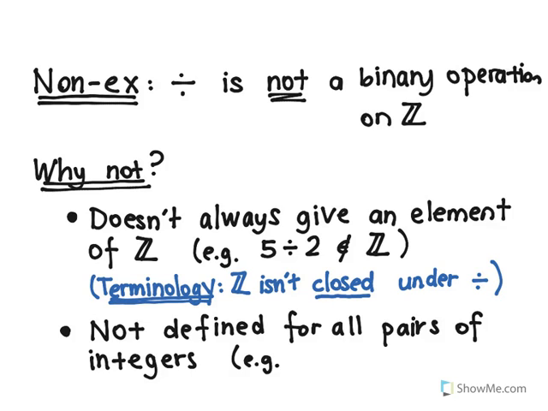For example, if I try to take the pair of integers 5 and 0 and divide them, then that's not something that I have an answer for. In order to be a binary operation, I have to have a way to combine every pair of inputs and produce some output.